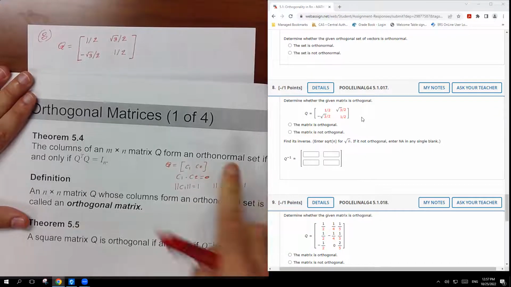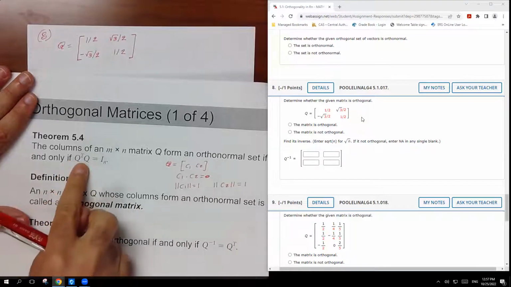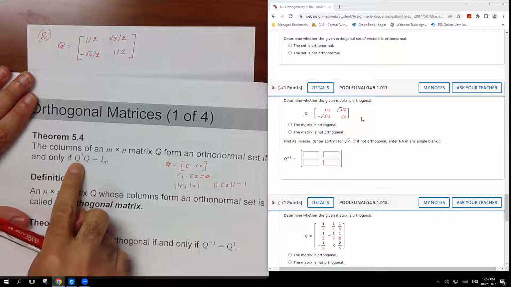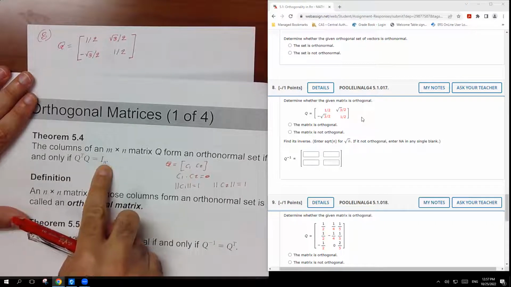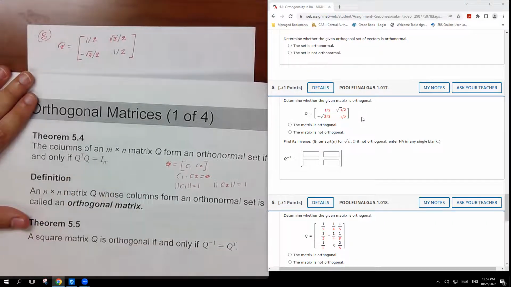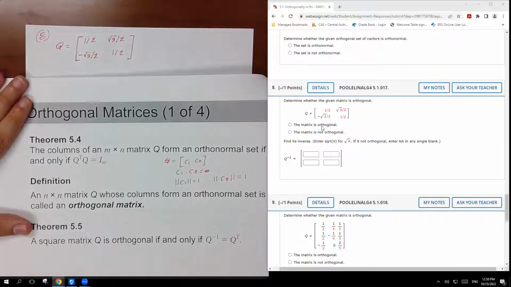It's an orthonormal set if and only if the multiplication of the matrix Q transpose and Q equals I_n. So they're telling you to show that this matrix is orthogonal. That means if I find the transpose and multiply it with this matrix, and the result is the identity matrix, then this matrix is orthonormal, and in this case, it's orthogonal.